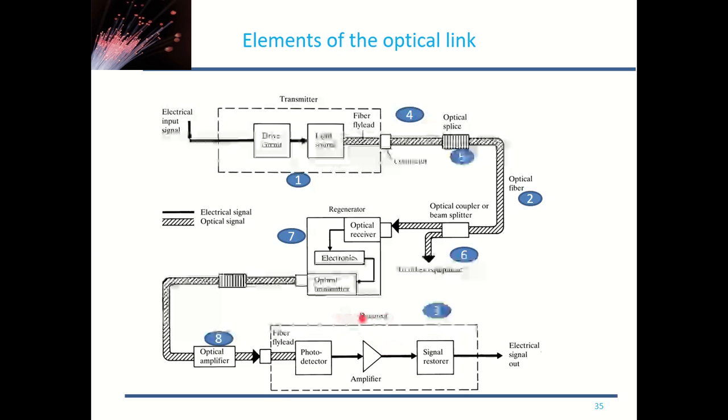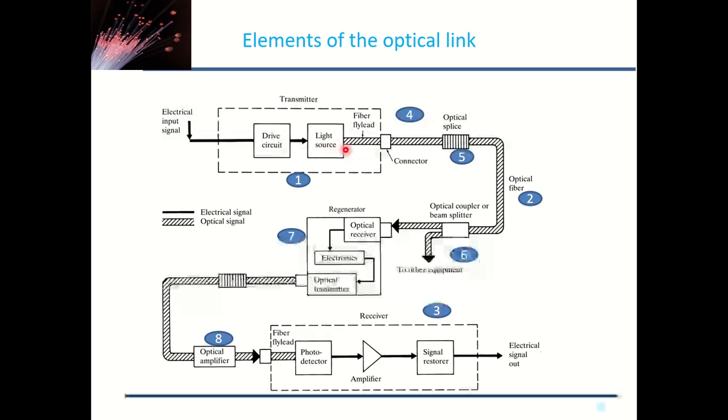Let's understand the function of each block. First the electrical signal is given to the light source. The light source can be a light emitting diode or it can be a laser diode. As we have seen in the previous session, in the first generation, the operating wavelength was 850 nanometer.